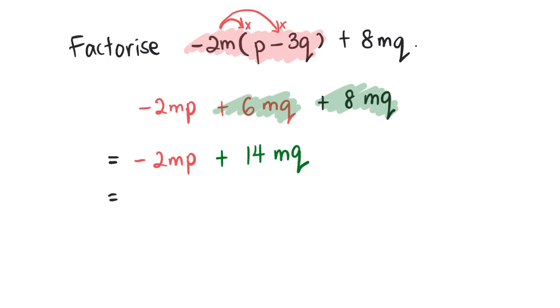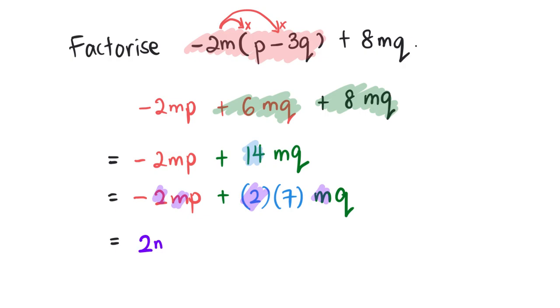I would write the 14 as 2 times 7, so that you can see me extracting the 2 out, extracting the common factor m out as well, because we are required to factorize this whole expression.